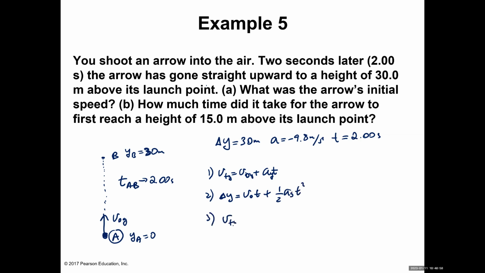Equation 3, V final y squared equals V initial y squared plus 2 times vertical acceleration times delta y, and so on and so forth. So at this point, what do you guys think? If I want to find V initial y, which equation can I use? First one. All right, can somebody help me clarify why I can't use the first one?